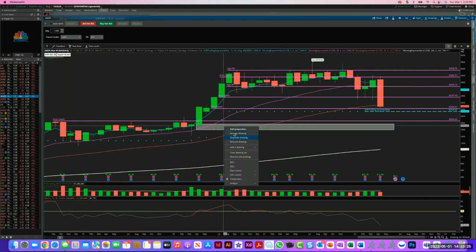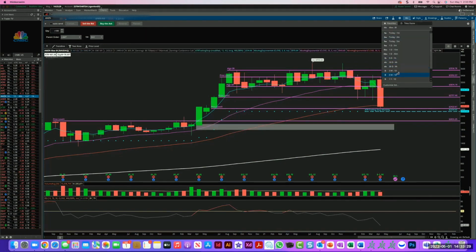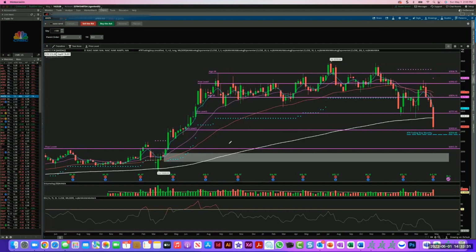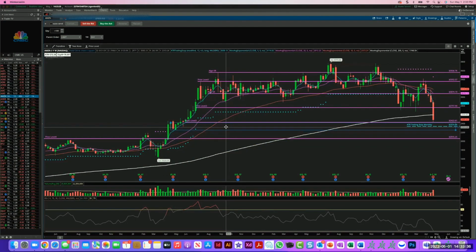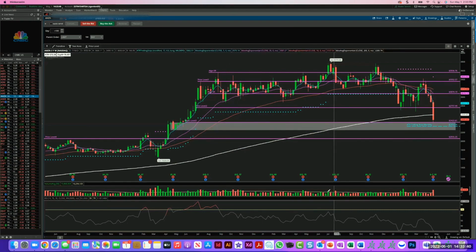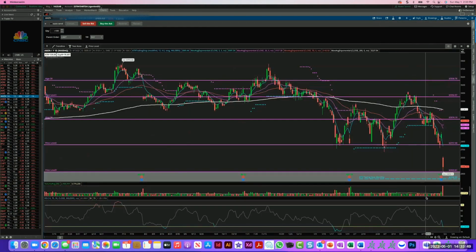So now let's put this back where it was on the weekly. Let's go to a weekly chart so we can see. I'm going to put this back here. All right, so now this all makes sense. If you look at this chart, let's go to a daily chart. We just drew this algorithmic support level.